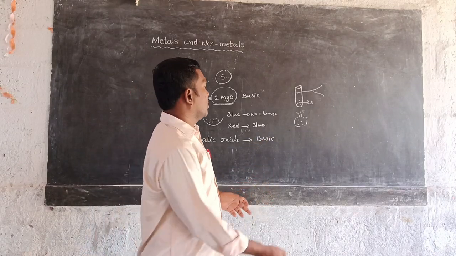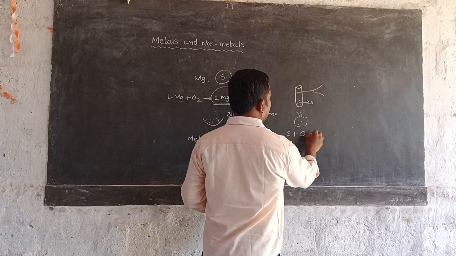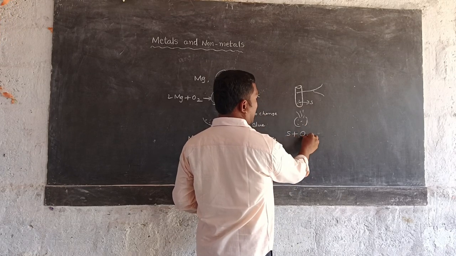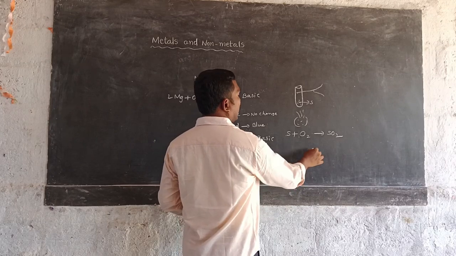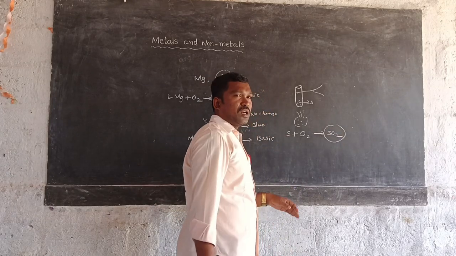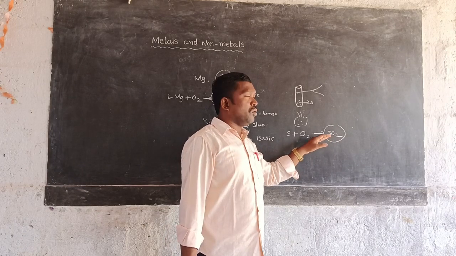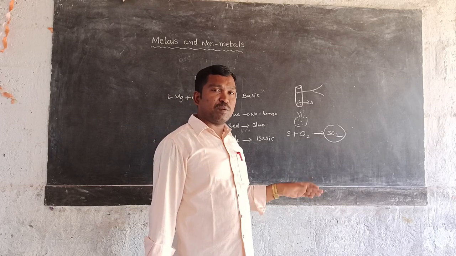Add some water. Sulfur dioxide gas is produced. First heat the sulfur in the presence of oxygen, sulfur dioxide is produced. Add some water to the fumes of the sulfur. Now test the solution with blue and red litmus paper.